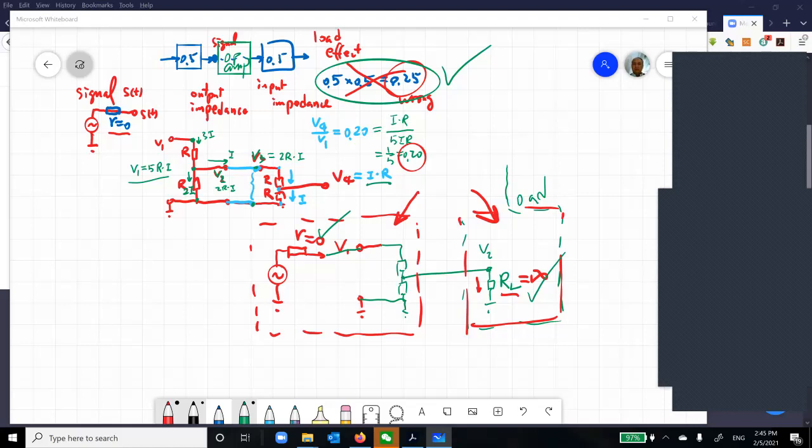Section 4.2.2, impedance matching. The impedance matching is not only a useful concept for electrical circuits, it's actually generally applicable to other circuits: mechanical circuits, hydraulic circuits, thermal circuits.